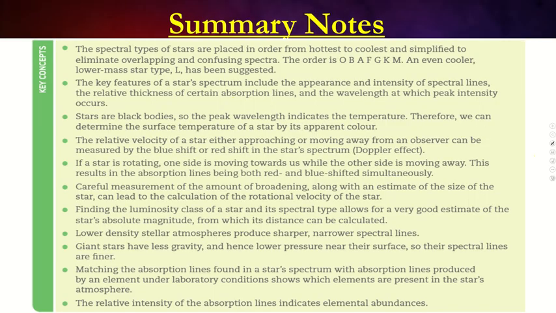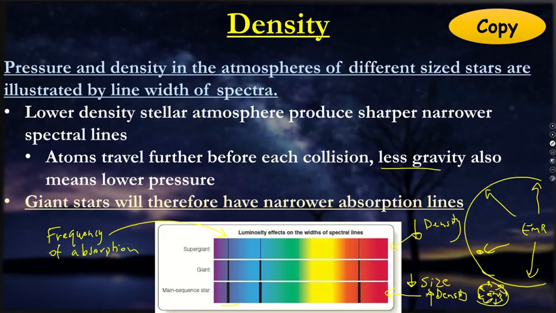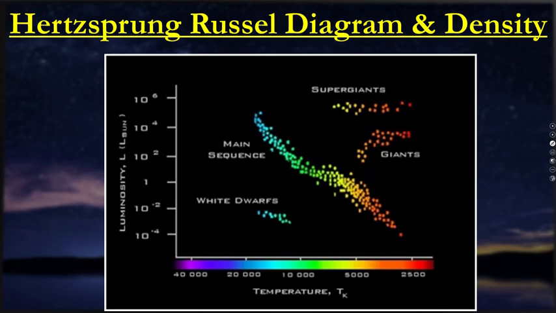Okay, so we said that the luminosity of the star can calculate the absolute magnitude. One of the things I remember one of you asked is what the color of the star looks like. So the color of these stars will never change.